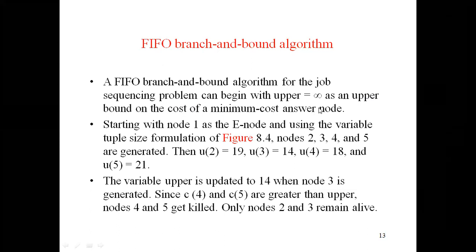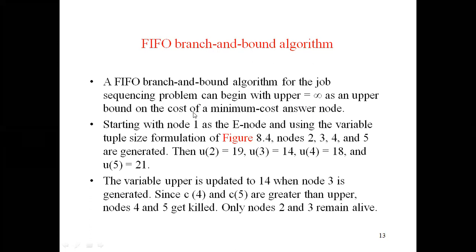So the FIFO branch and bound algorithm for the job sequencing problem can begin with upper equal to infinity, as an upper bound on the cost of a minimum cost answer node.